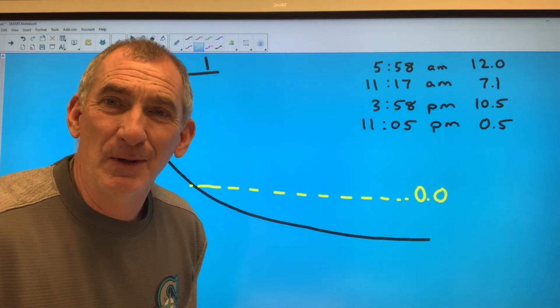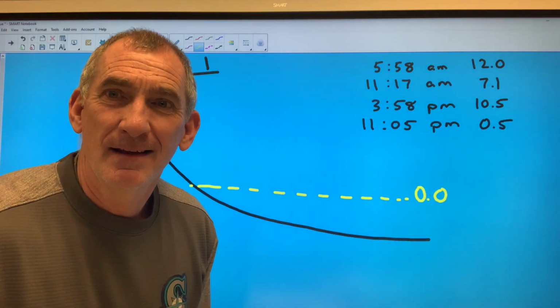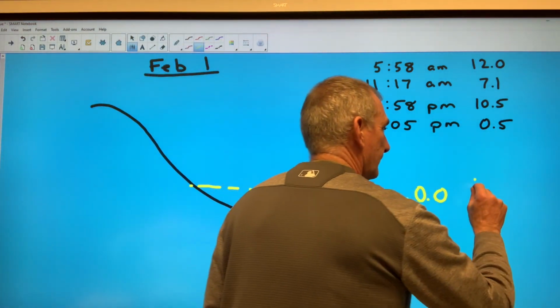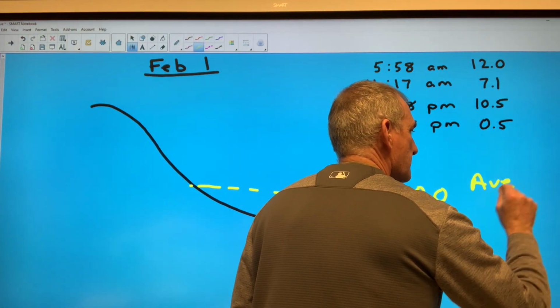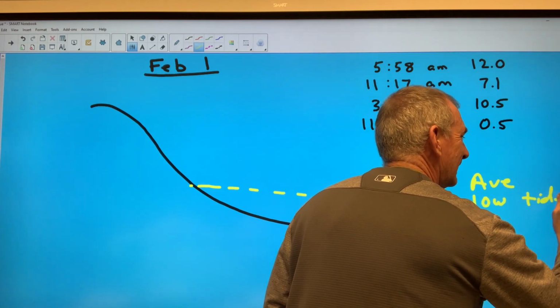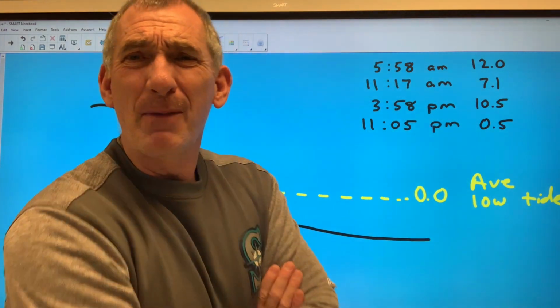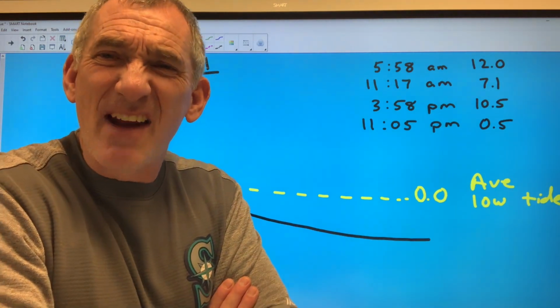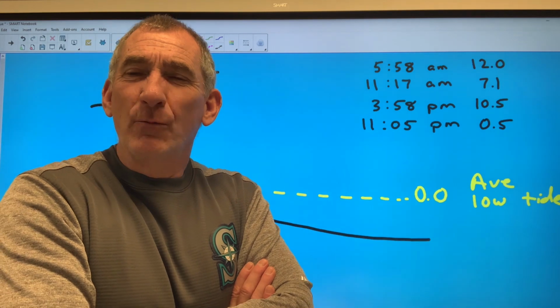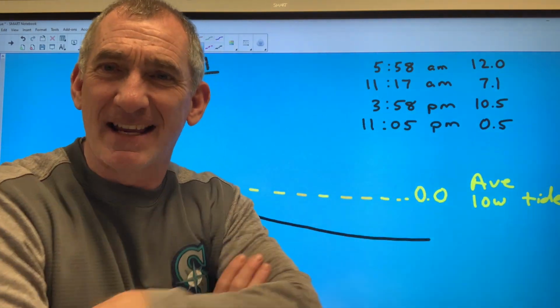What 0.0 is, is the average low tide. Think about it like a marine biologist. They went down to Golden Gardens every single day, and they waited for the tide to go out. And when the tide went out, they put a flag in the sand.